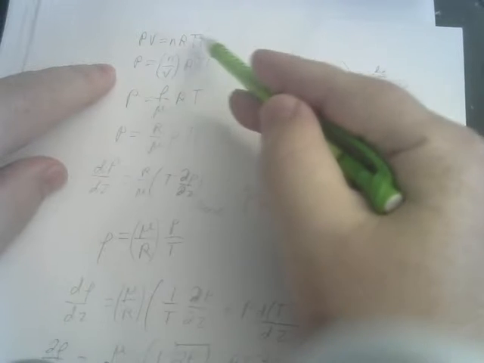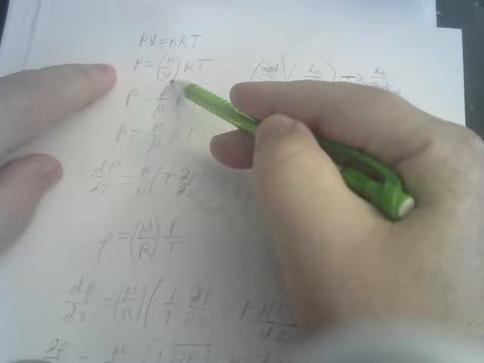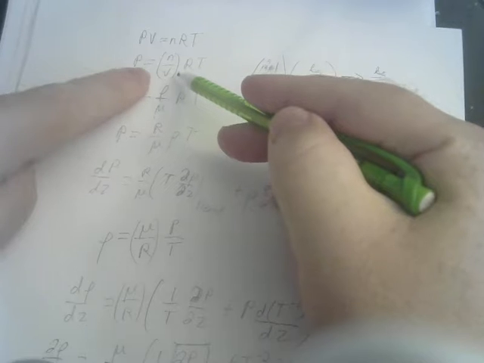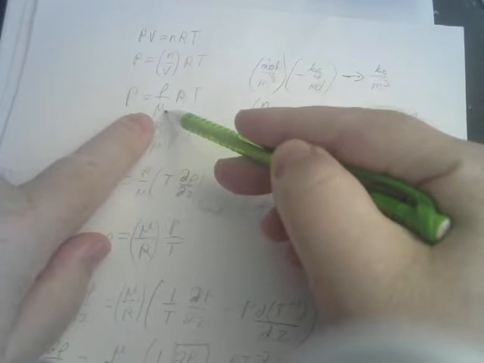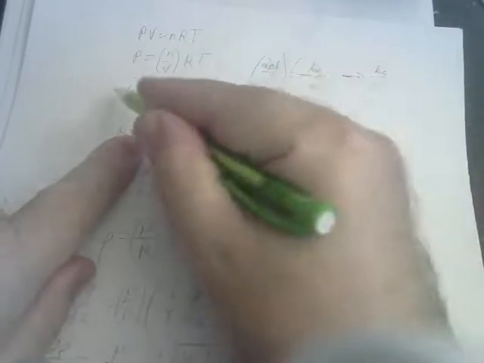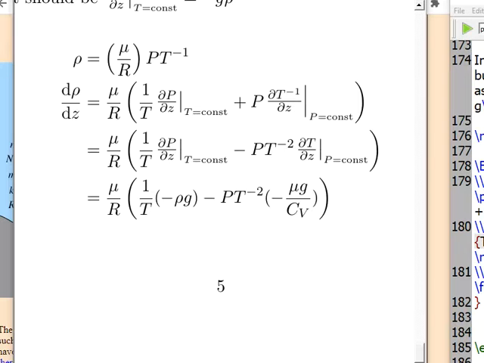PV equals nRT, n over V is here, and then we're making that rho over mu, and so that mu over R comes up to the other side, and then T goes to the bottom. So yeah, that's mu over R, pressure over temperature.